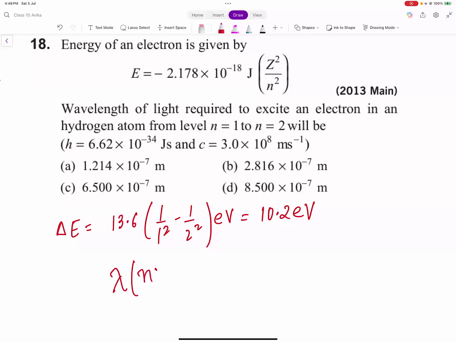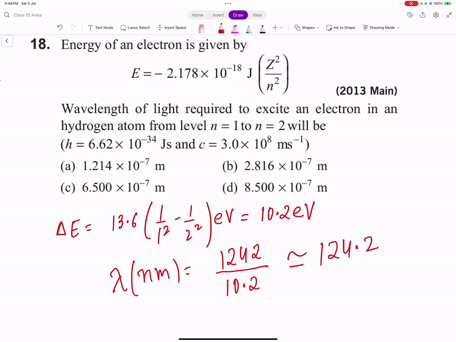So lambda will be in nanometers: 1242.4 divided by 10.2, which is approximately equal to 124.2 nanometer.